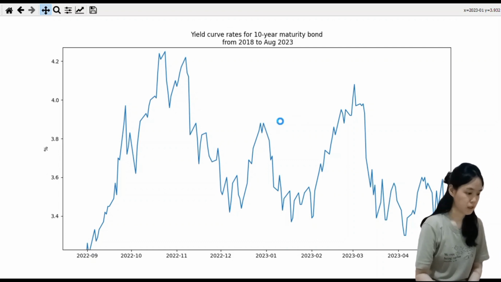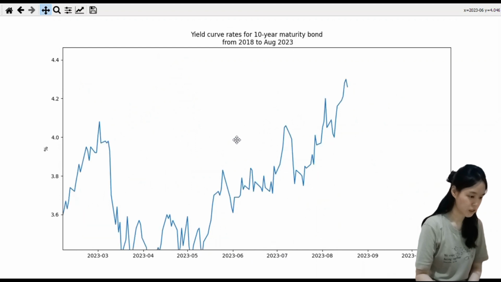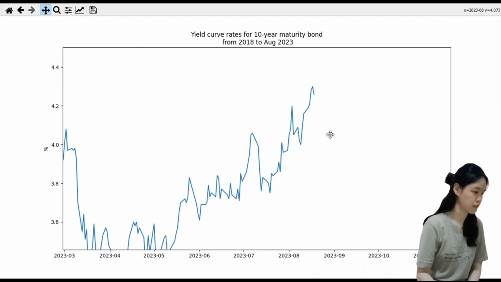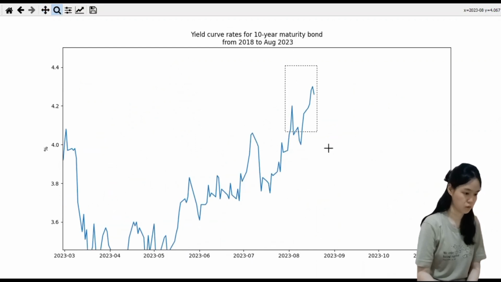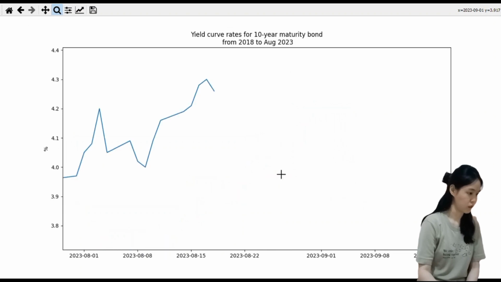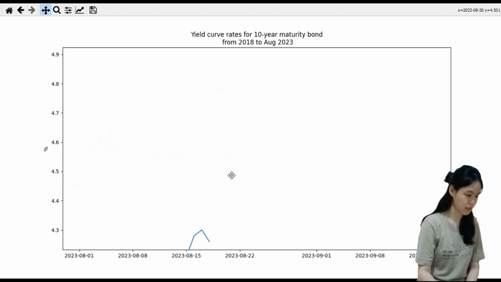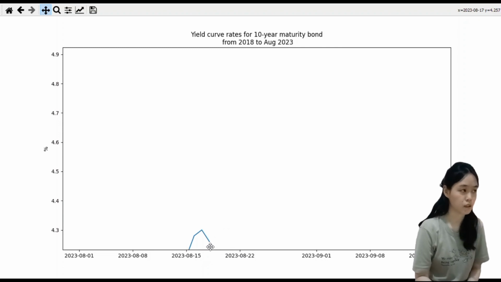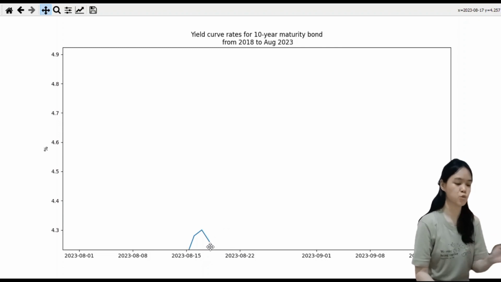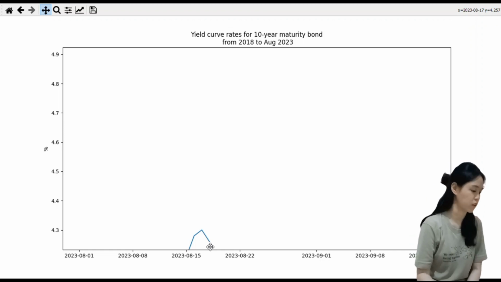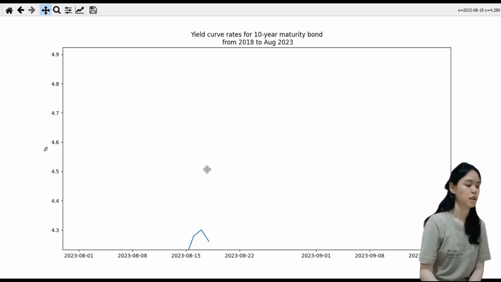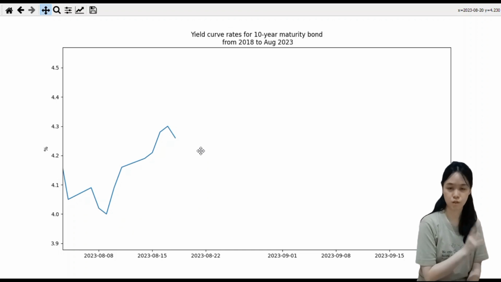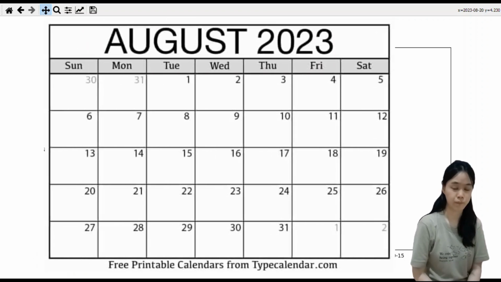And by the way, the last day of our data set, I don't know if we can still zoom in. Oh yeah, okay. So here, this is the last data point that we have. It's August 21st, 2023. You can check that by yourself. And August 21st, 2023 is a Monday.